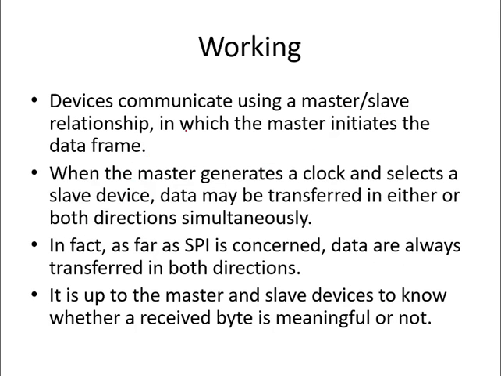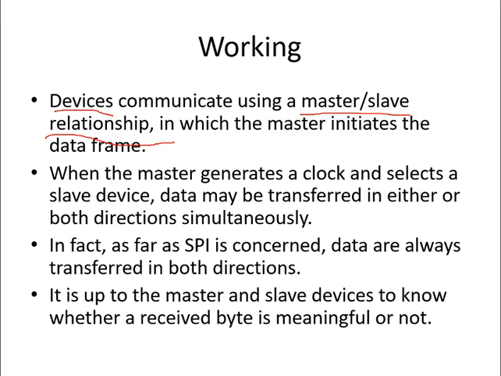So how does it work? Devices communicate using master-slave relationship, which means one device will act as master and another device will act as a slave. When the master generates a clock and selects a slave device, data may be transferred in either or in both directions simultaneously.